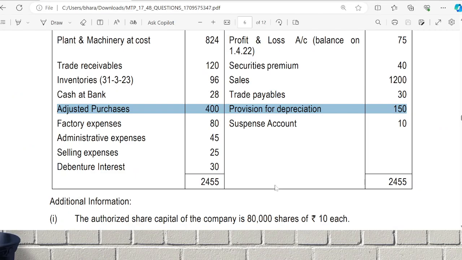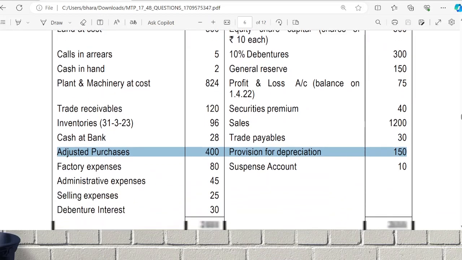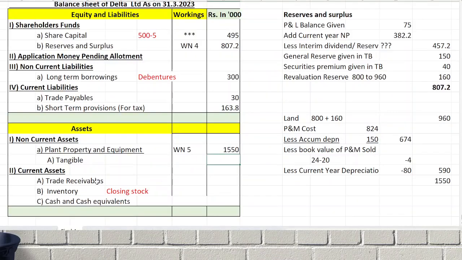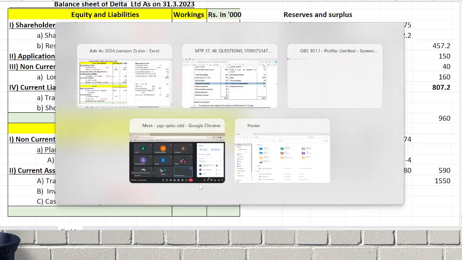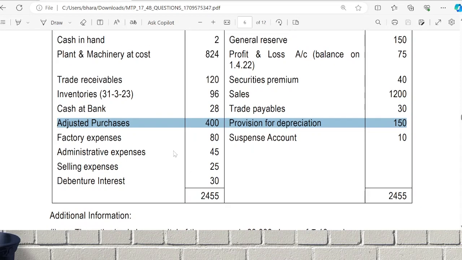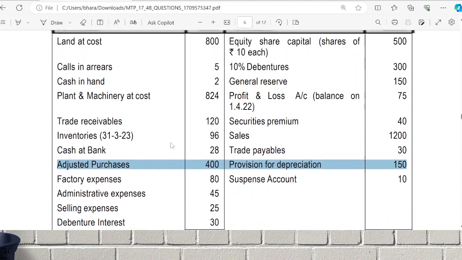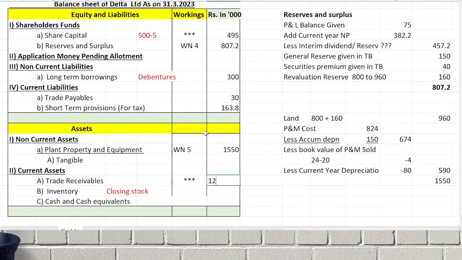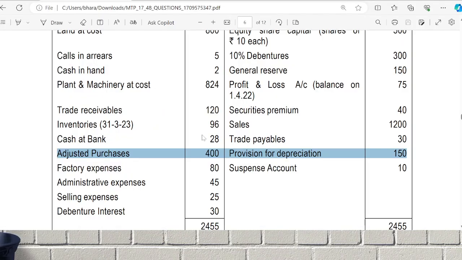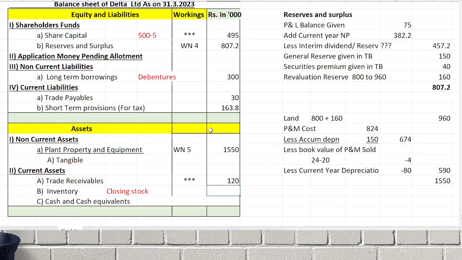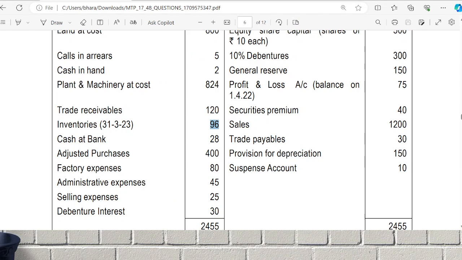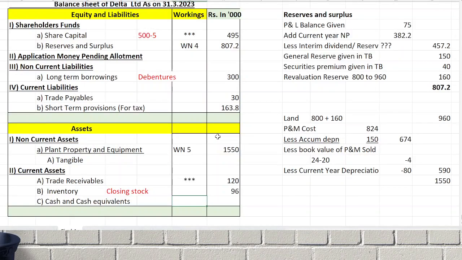Any intangible asset given in the question? No intangible asset. Trade receivables, you have to give notes to accounts: due for more than 6 months. Trade receivables, how much is there? 120. Inventory given in the question is 96. Cash and cash equivalents is nothing but cash at bank. What is the cash at bank? 28.